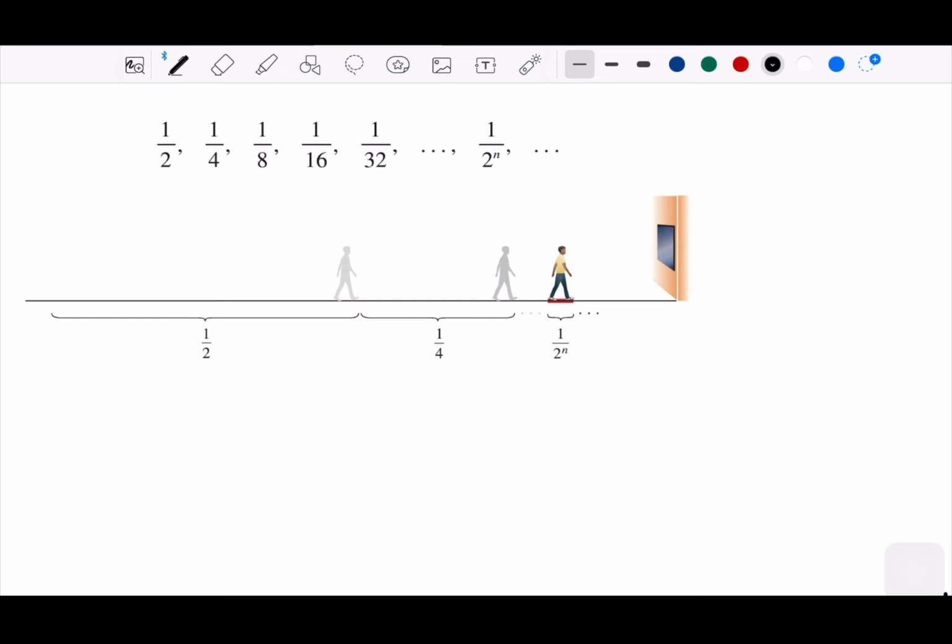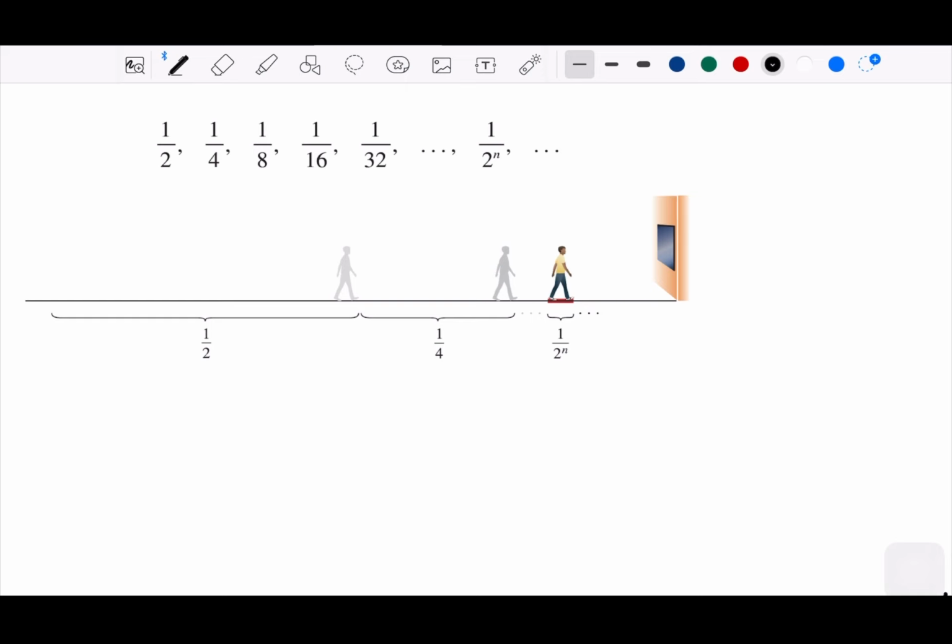So first, you try going half. Imagine maybe this is just 1 meter, so half a meter. But the way you approach, you need to take half of what remains.